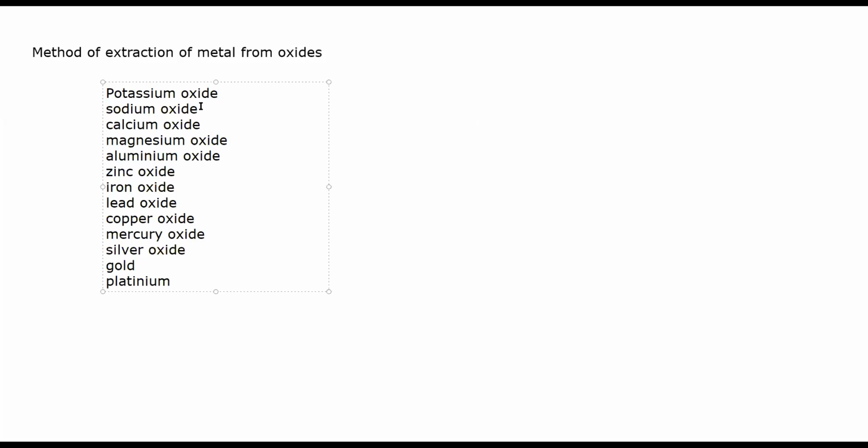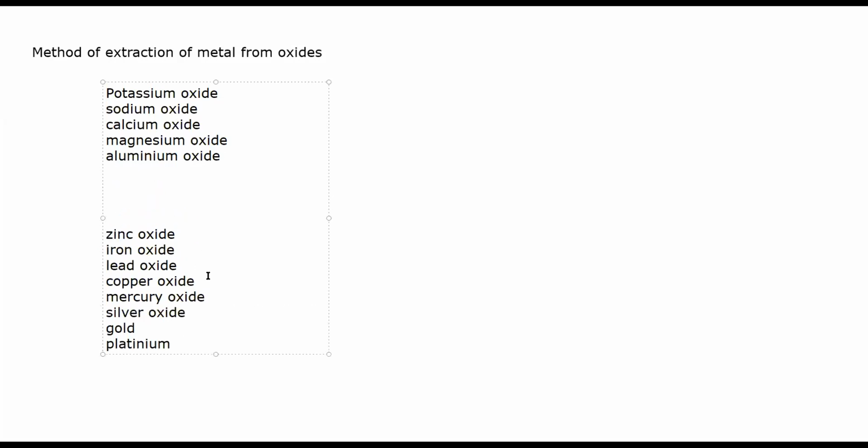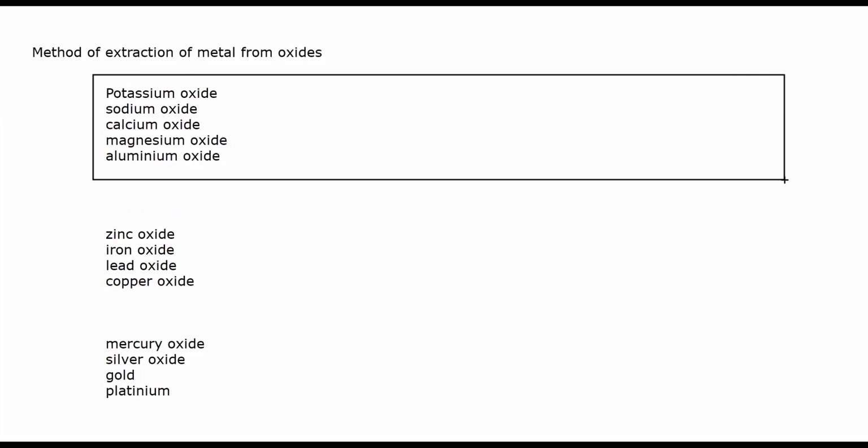So the technique which we can use till aluminium, we can do electrolysis of molten oxide. The technique which we use to extract the metal from its oxide. How we can separate the metal from its oxide?